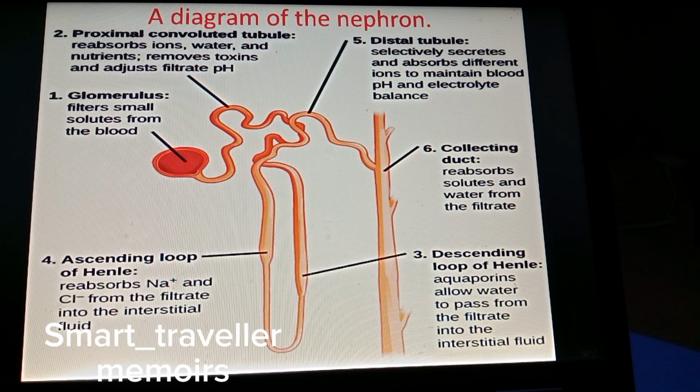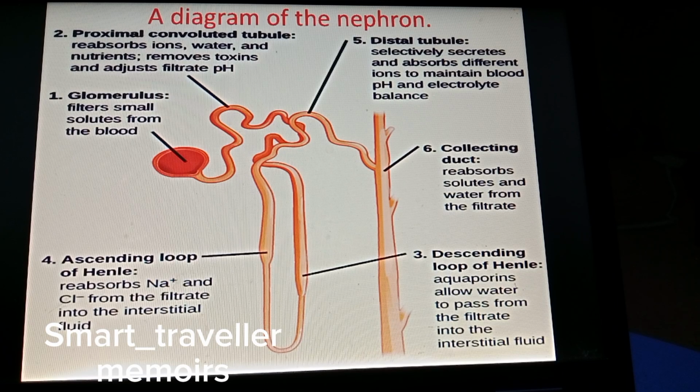Glomerulus filters small solids from the blood. Descending loop of Henle, aquaporins allow water to pass from the filtrate into the interstitial fluid.